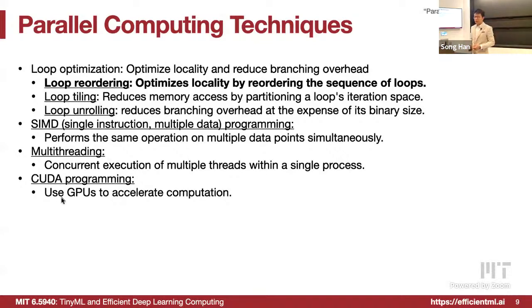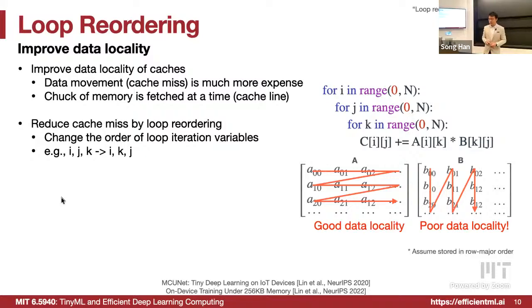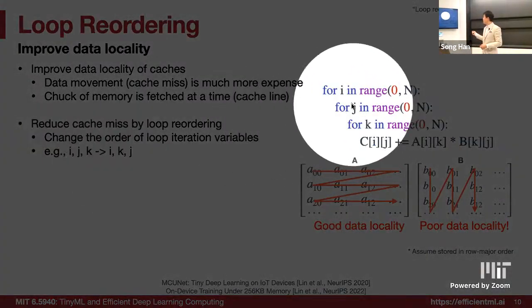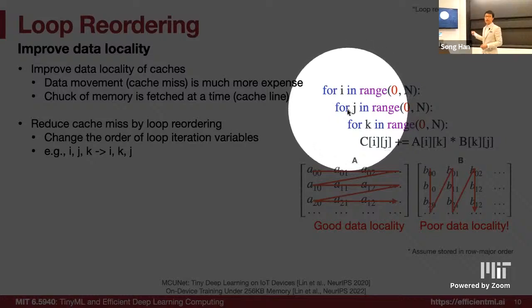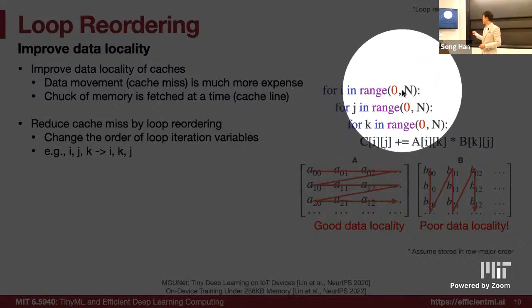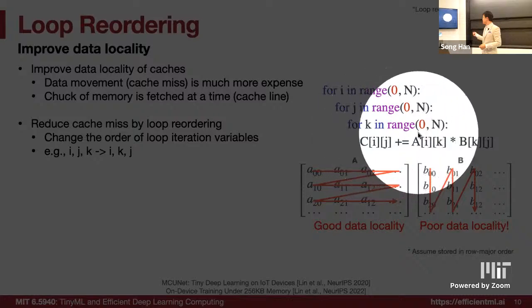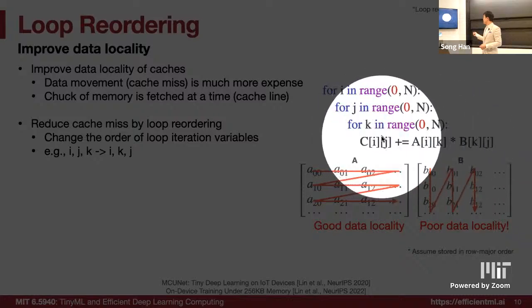So here we are going to start with the first one, loop reordering, to optimize the locality by reordering the loop orders or the sequences of the loops. Let's see this example where we have a naive implementation of a matrix multiplication. The dimension is n by n times n by n matrix, and you get another n by n matrix.